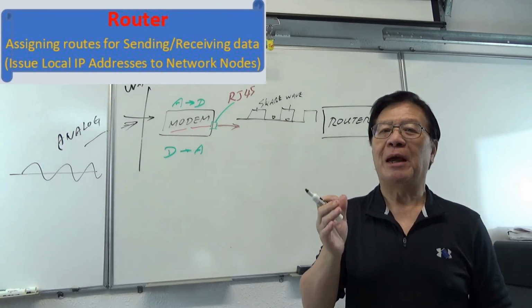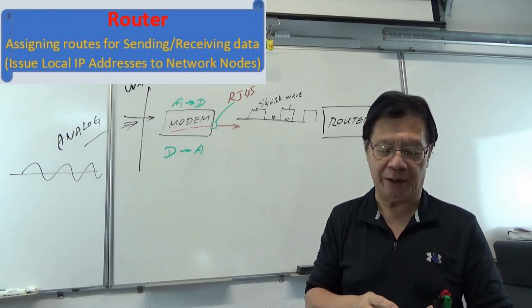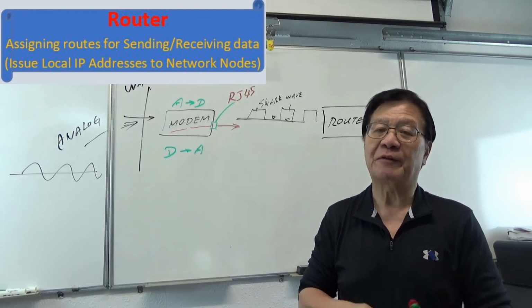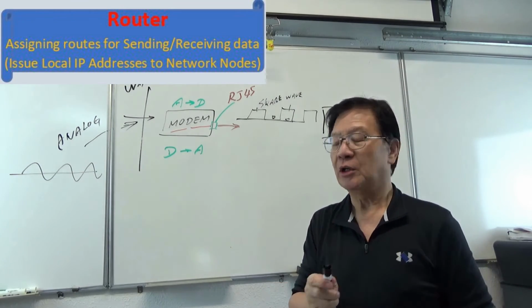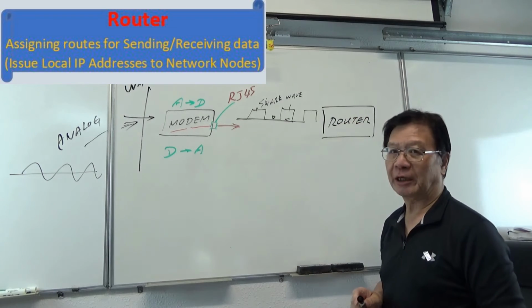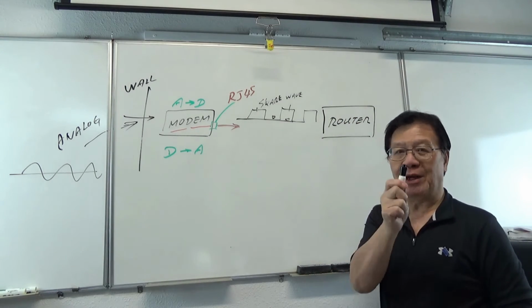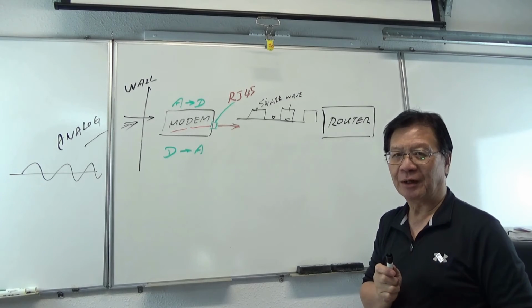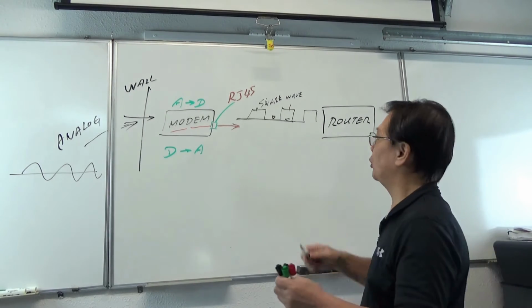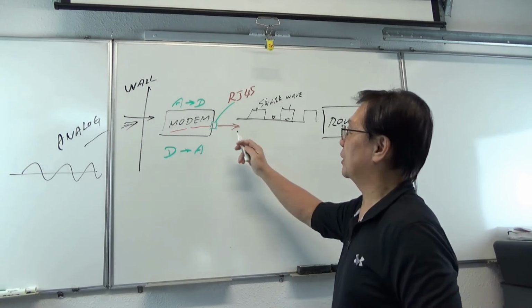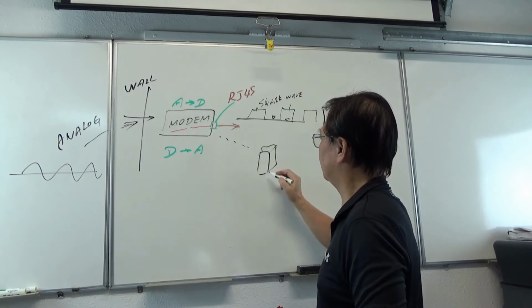Because you may not have only one cell phone, tablet or computer at home, right? You have several. That means each one needs an address. So the router is for addressing. If you have only one desktop computer, you don't need a router. You just directly hook up to your computer.